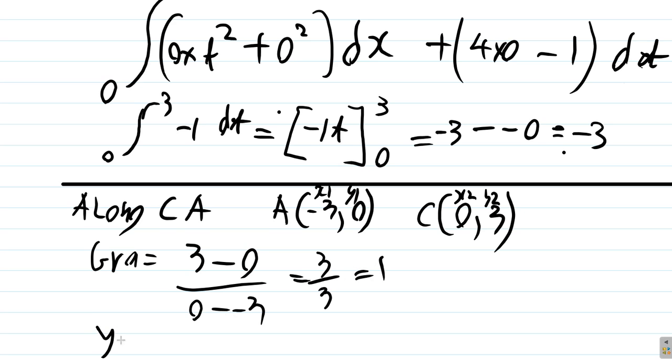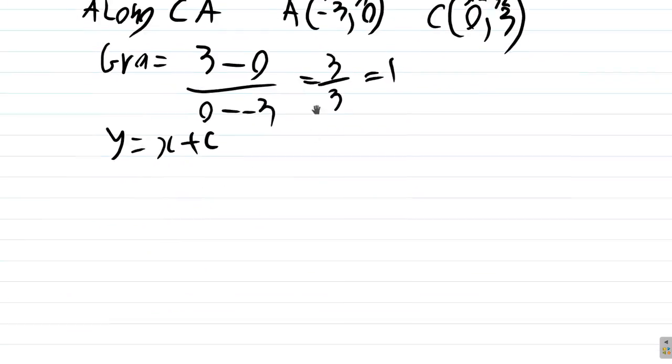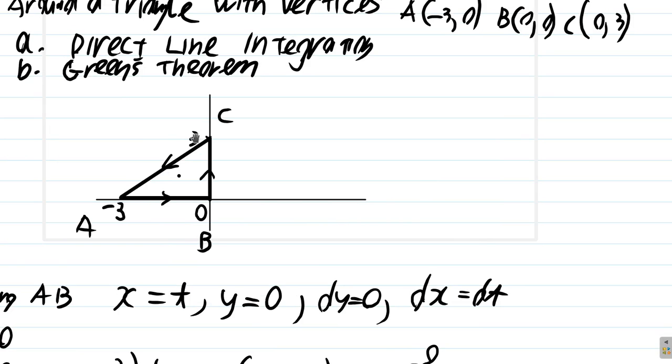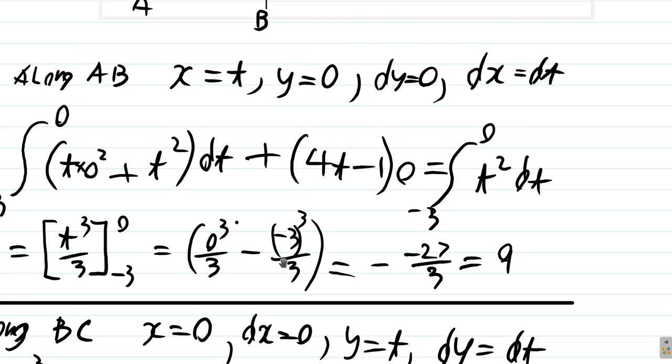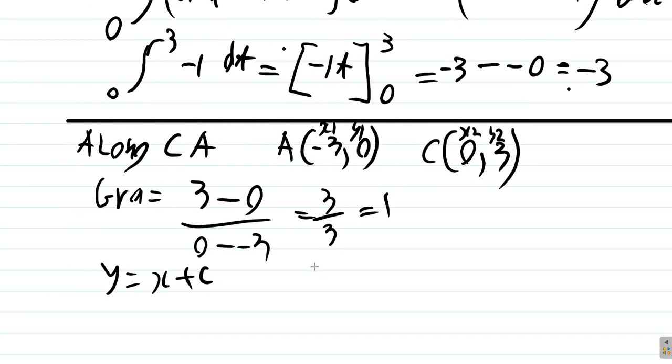So the line is in the form y equals 1x plus c, but we need to find out what c is. Now c is where it crosses the y-axis, which is 3. You can see it here. So c is 3. You could also put in one of these values: y is 3, x is 0, plus c.